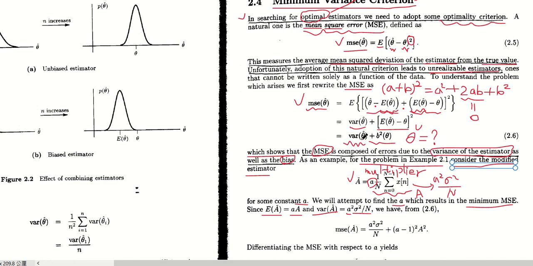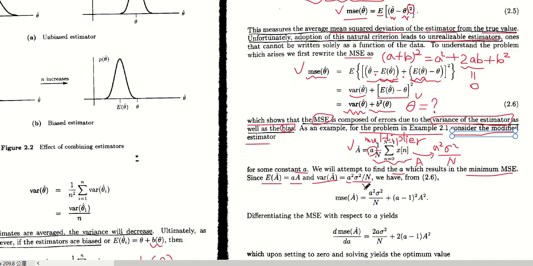So we have from 2.6 the variance of theta hat, and the variance is like this.